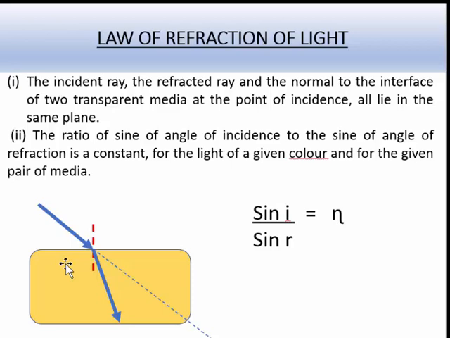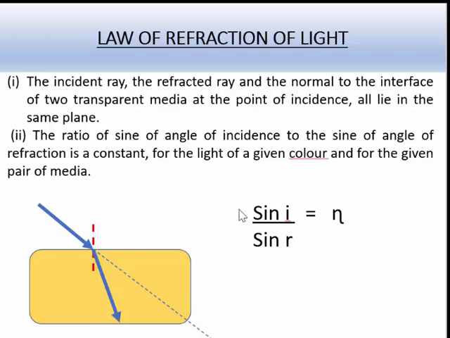Now, the second law is where we have the difference between reflection and refraction. The law of reflection said that i is equal to r, which means angle of incidence is equal to angle of reflection. Now, let's look at the law of refraction, the second law. The second law says that the ratio of sine of angle of incidence to the sine of angle of refraction is a constant.